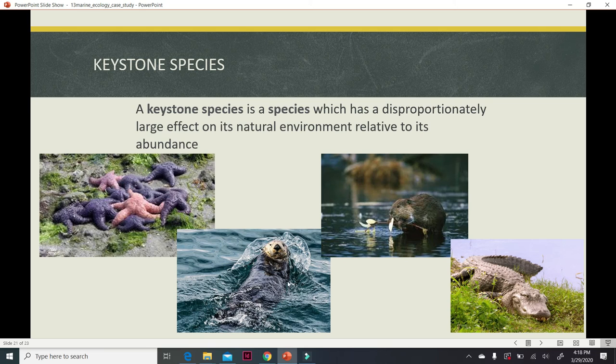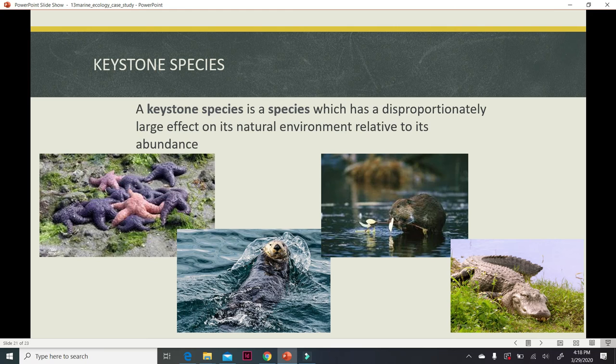And we also consider sea otters to be a type of keystone species as well, because if you take away sea otters, then you end up with a lot of urchins, you don't have any kelp, and then all of those species that rely on kelp for their habitat go away. So diversity changes enormously if otters are not present.